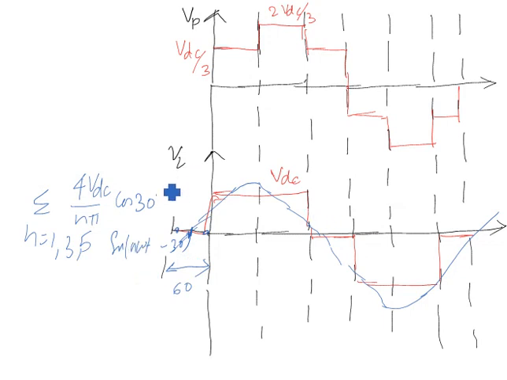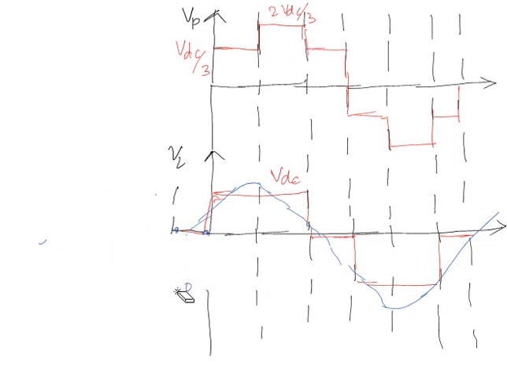Talking about the phase voltage, I am not going to discuss more on this waveform. It's all on you how you are identifying it, because we have done a lot of these types of waveforms in converters. I am more focused on this waveform.